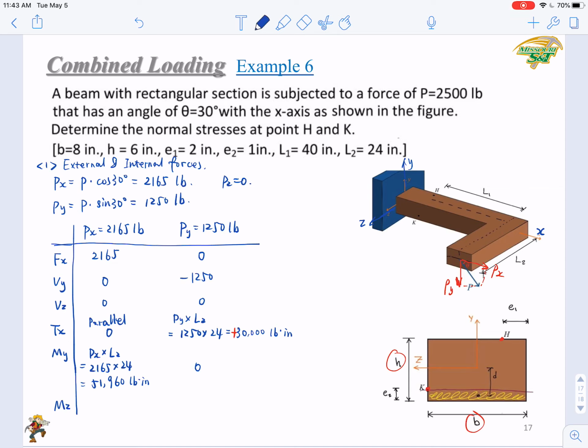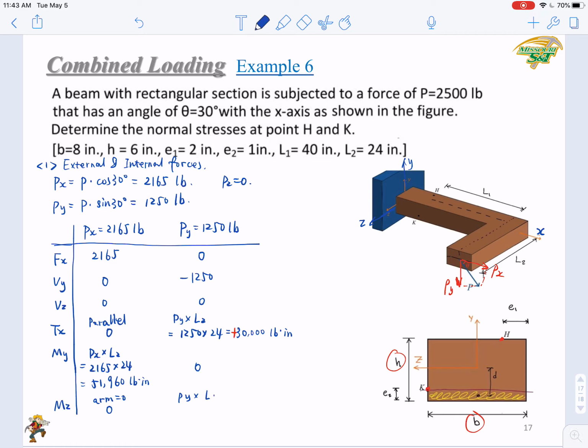If you look at Px, the Px will go through z-axis, right? So the arm equals 0, so it's 0. But the Py will make Mz for sure, right? It's the Py times, what is the arm? L1 or L2?